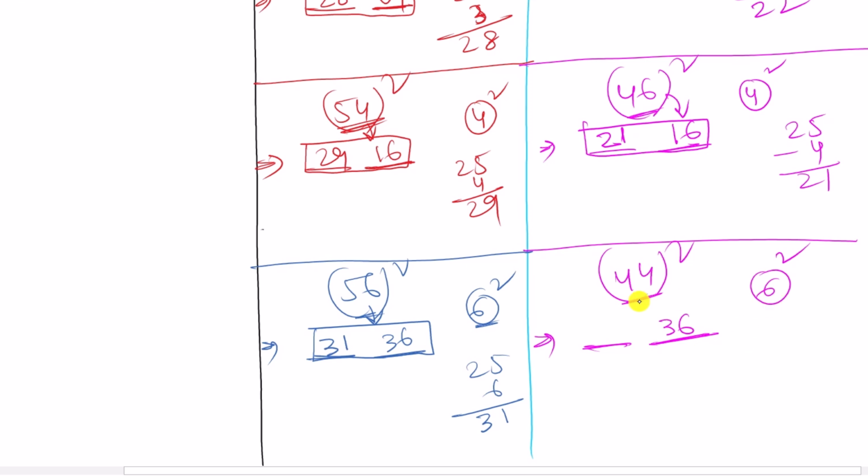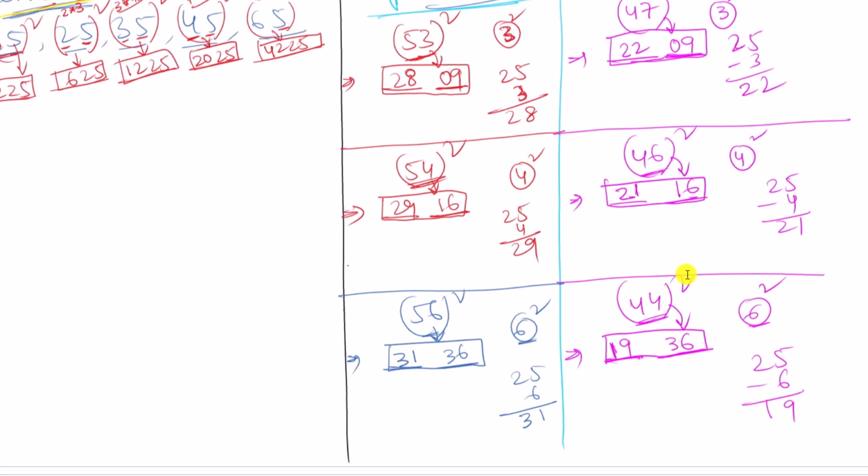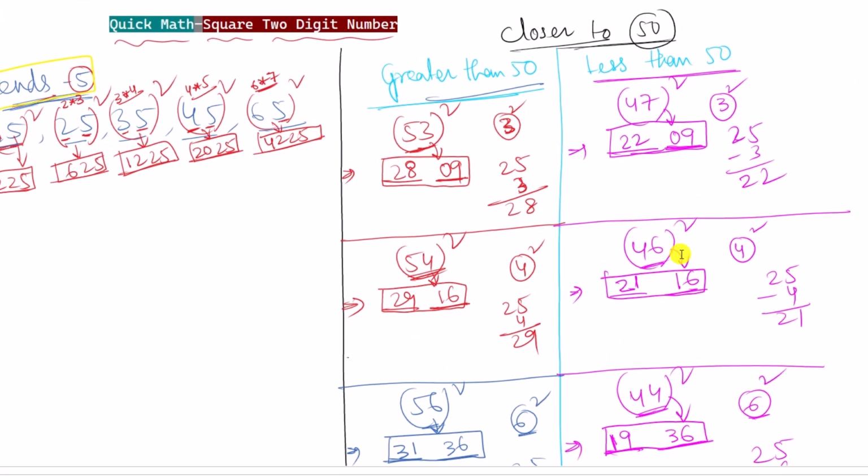Now because this number is 6 less than 50, that means you have to subtract 6 from 25. So this will be 19. So 19 will be in the first part of the answer. So this is our answer, 1936. That is the square of the number 44. So these are the rules that are applicable for the numbers which are closer to 50. Either it can be greater than 50 or less than 50.